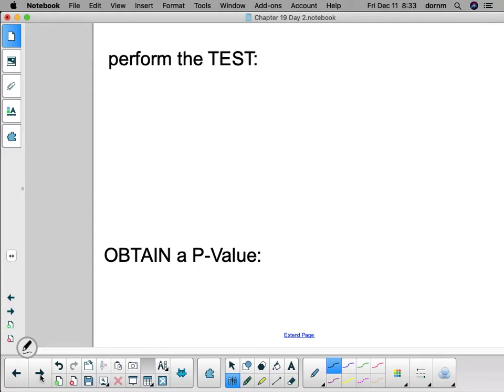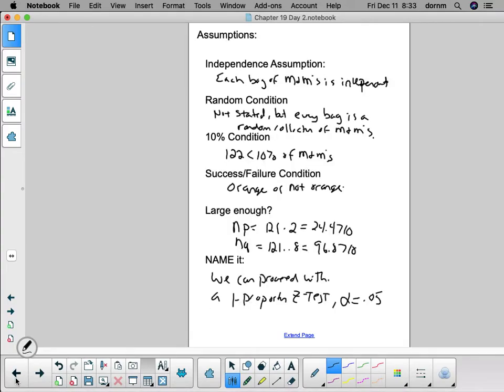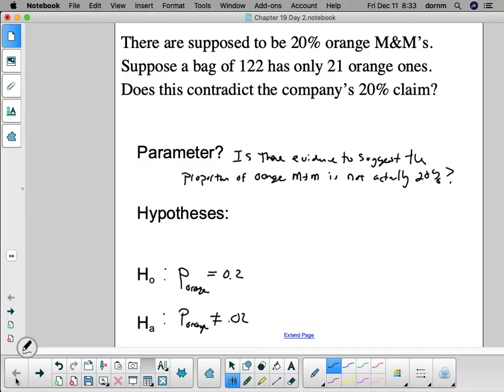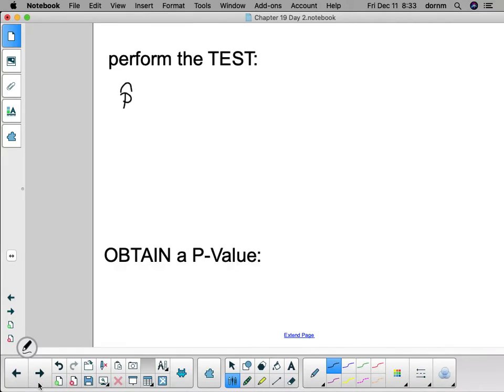P hat, yes. Okay. Our P hat was 21 out of 122. So 21 divided by 122 is 0.172. Am I going to use a standard deviation or a standard error?